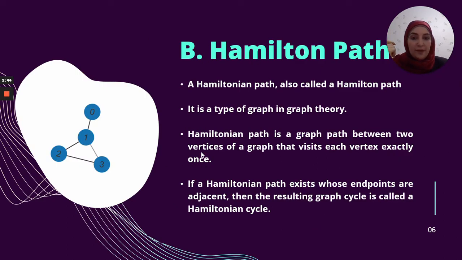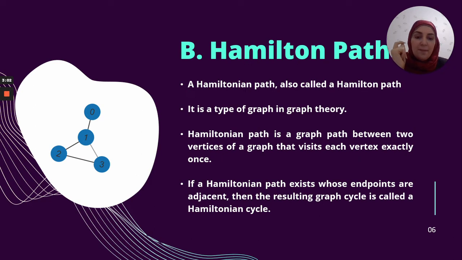What is a Hamiltonian path? A Hamiltonian path is also called a Hamilton path. It is a type of path in graph theory. A Hamiltonian path is a graph path between two vertices of a graph that visits each vertex exactly once.